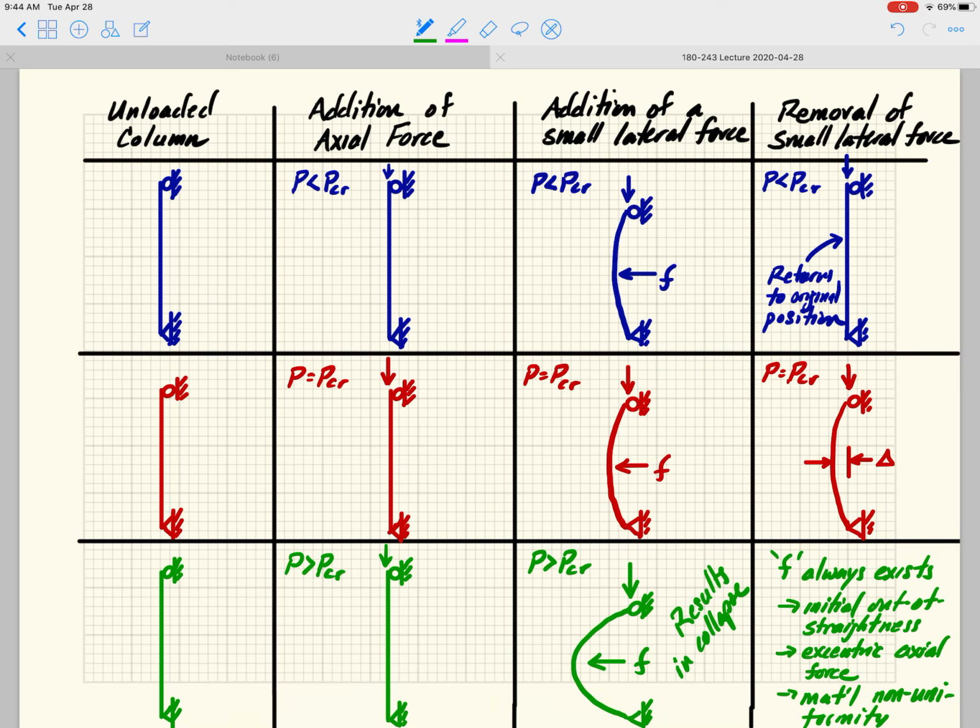Now, in the case of the World Trade Center, what we see is that P was probably nowhere near P critical for those columns when the lateral support was removed. So let's say the truss system failed, the lateral force was removed, and therefore the column is just sitting there. It did not buckle immediately. Otherwise, those towers would have collapsed immediately.